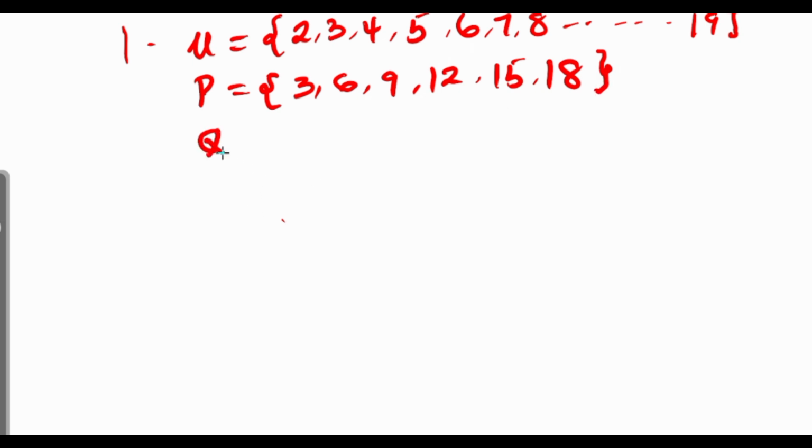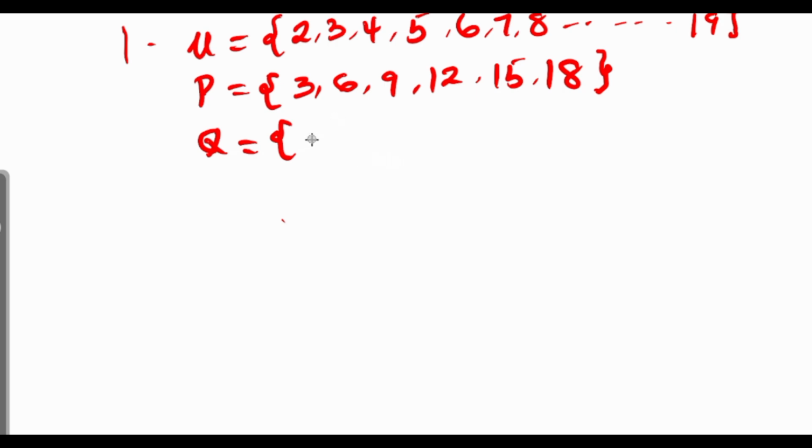Now, Q is a set of X such that X is a prime number. So we're going to be bringing out all the primes. Remember, Q is also a subset of the universal set. It means all the elements in Q must be in the universal set.